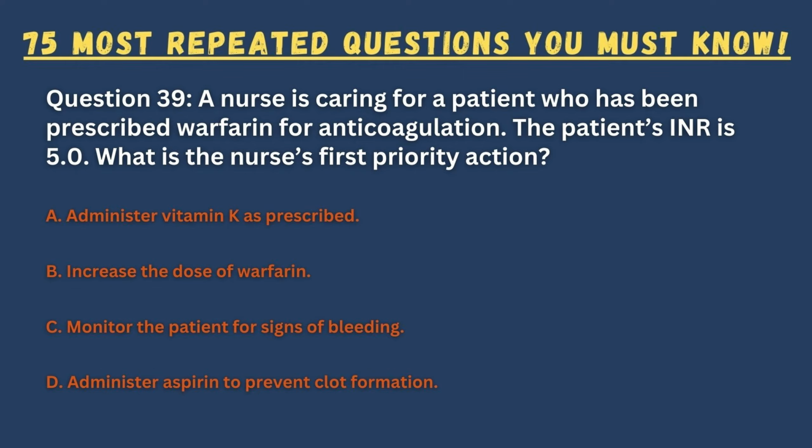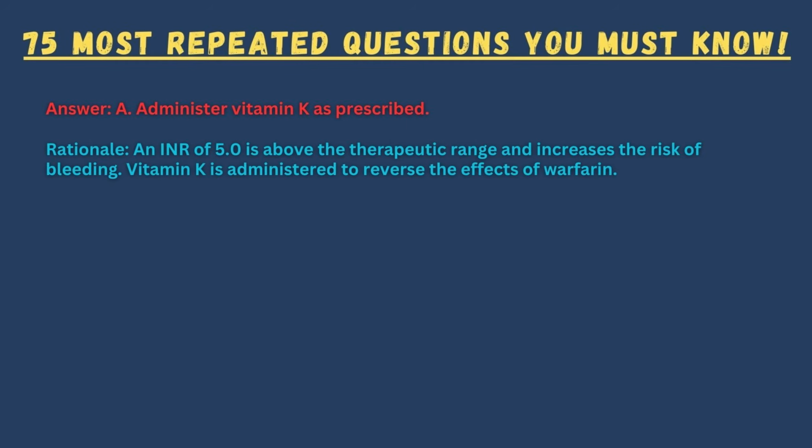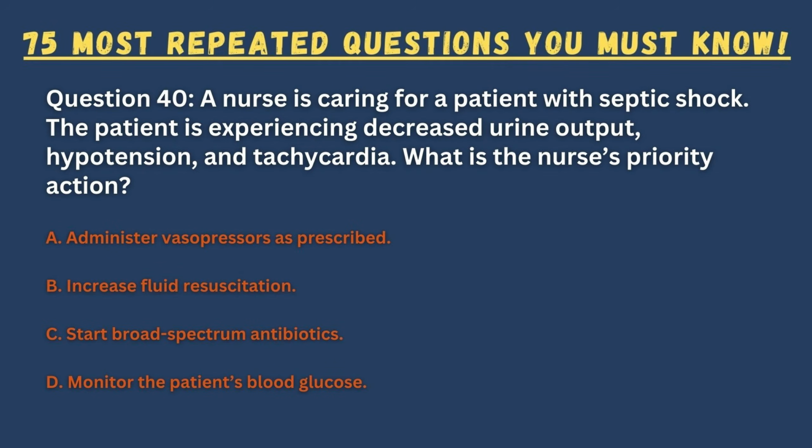D. Administer aspirin to prevent clot formation. Answer: A. Administer vitamin K as prescribed. Rationale: an INR of 5.0 is above the therapeutic range and increases the risk of bleeding. Vitamin K is administered to reverse the effects of warfarin.